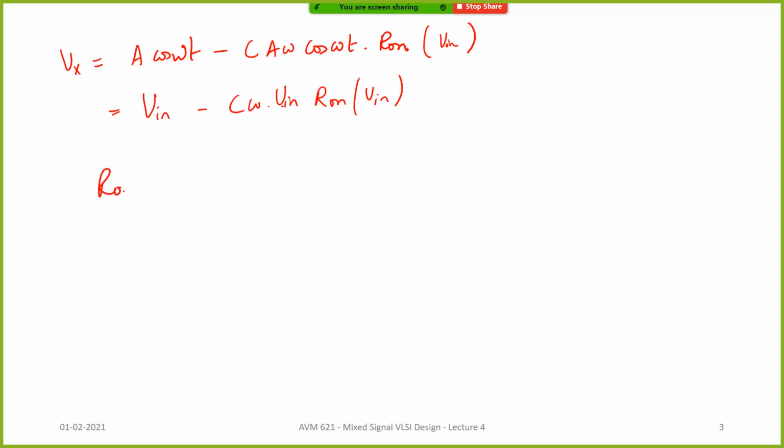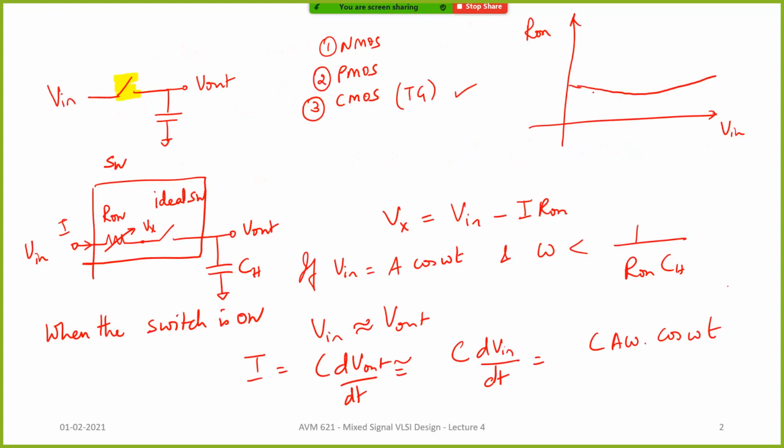So R on, which is a function of Vin, can be written as R on naught, plus some alpha 1 times Vin, plus some alpha 2 times Vin squared, plus some alpha 3 times Vin cubed, and so on. This is a general way of describing any function: R on as a function of Vin.